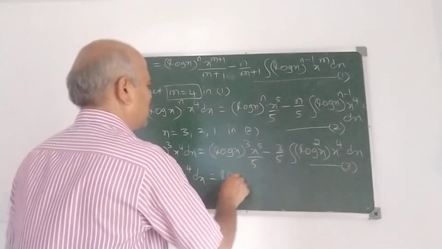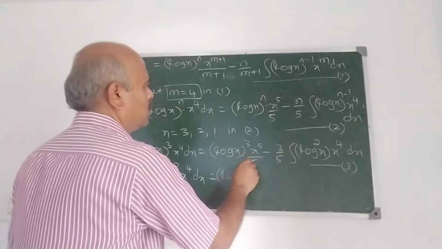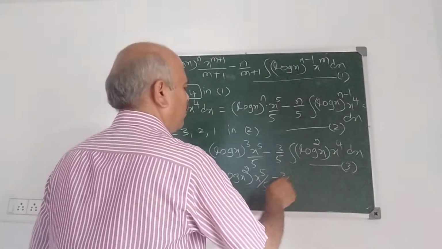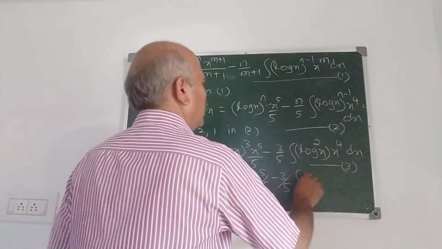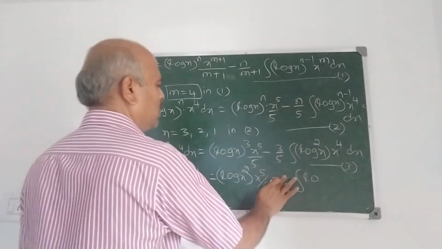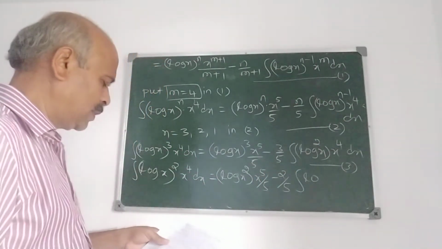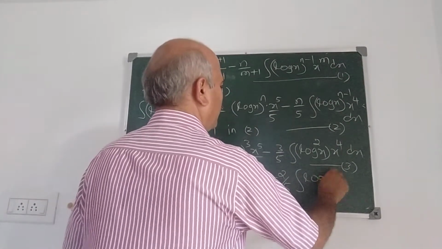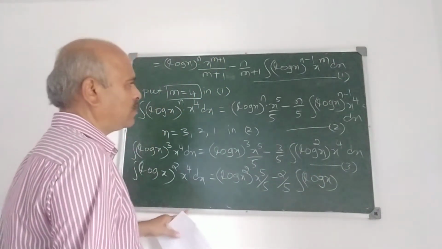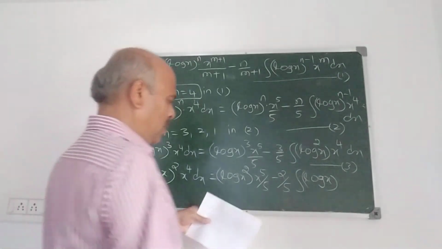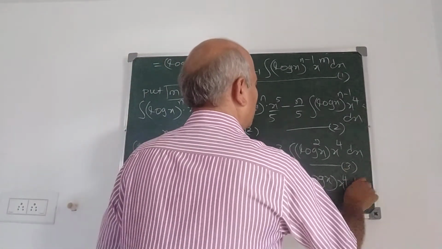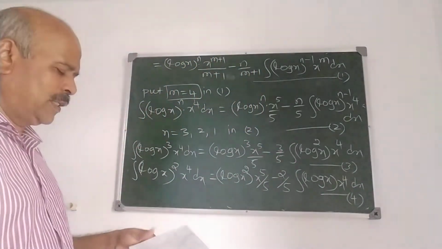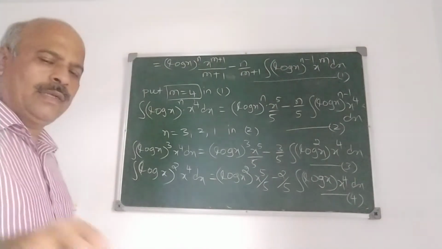It is log of x raised to 2 x raised to 5 by 5 minus 2 by 5 integral log of x into x raised to 4 with respect to x. This is 4. Correct?